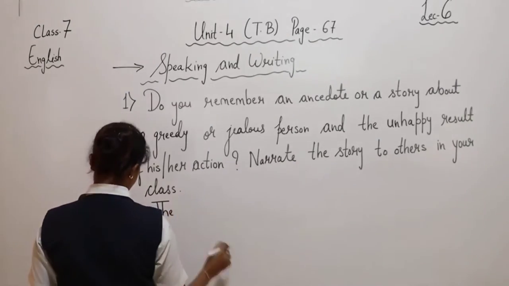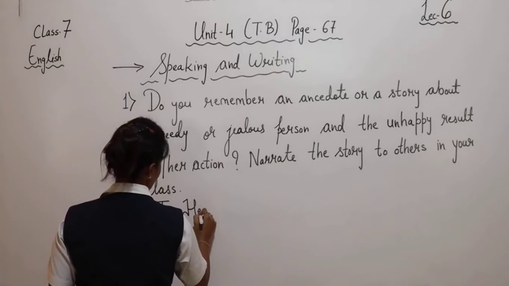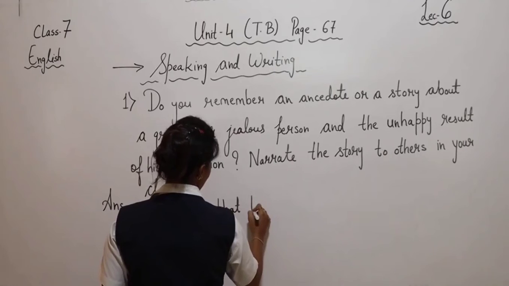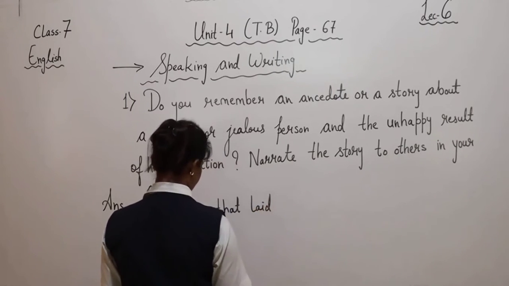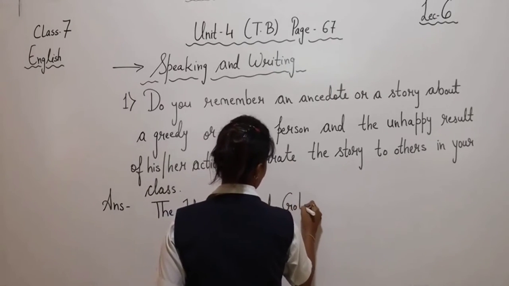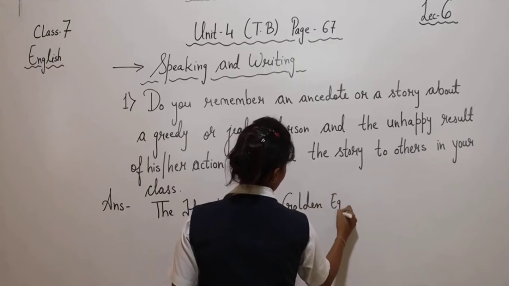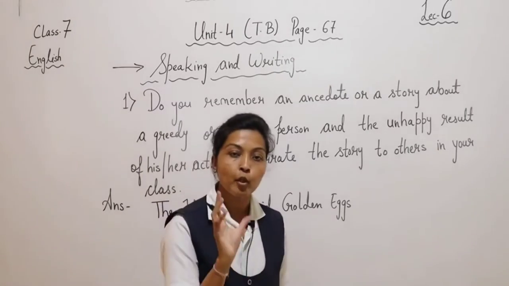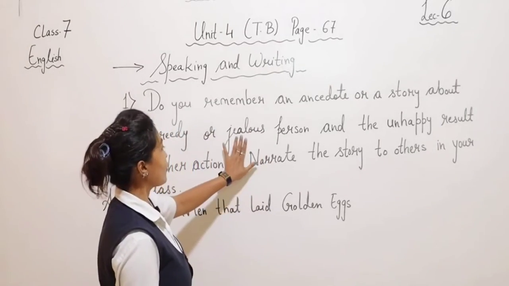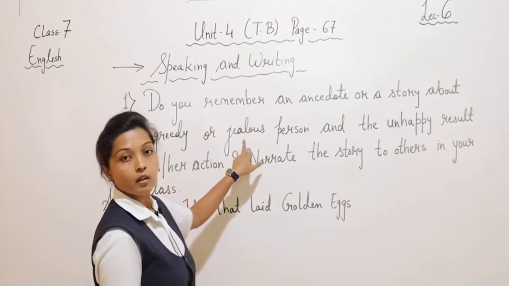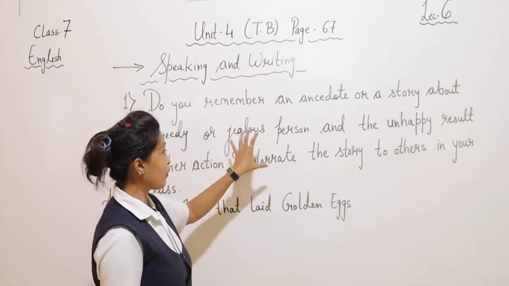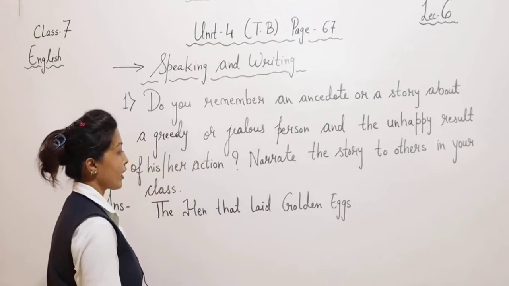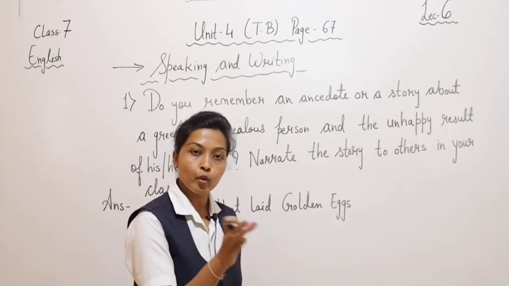The first, write down name of the story, The Hen That Laid Golden Eggs. See students, you can write down another story, but you have to be focused on the concept, the need, on which basis we have to write the story, okay? So don't change the totally the concept of the story.